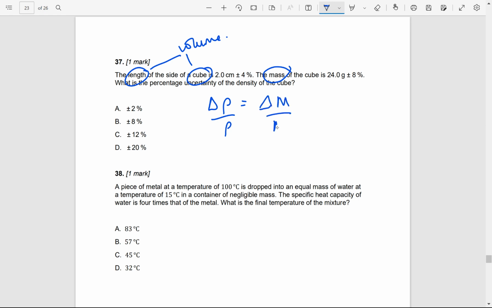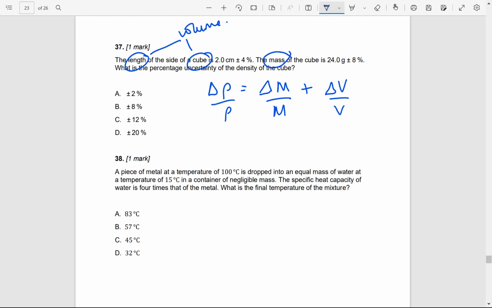So we've got the change in mass plus the change in volume. All right. So the change in mass is 8 as a percentage plus the change in volume.